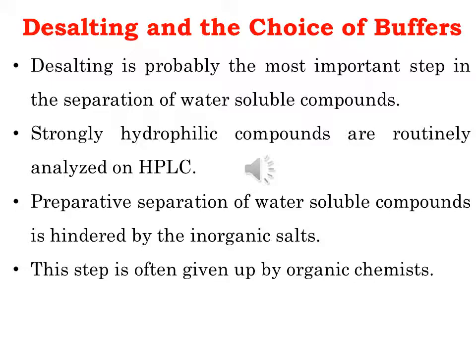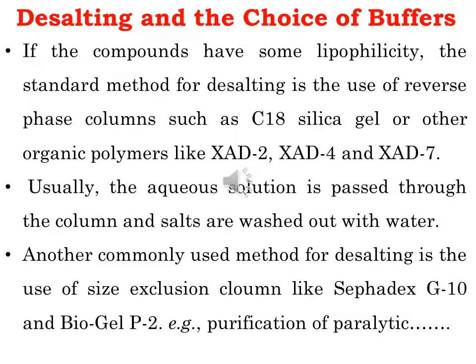This is the step in which organic chemists may simply give up their efforts, since most of them are used to removing inorganic salts by simple partition between water-immiscible organic solvents and aqueous solutions. If the compounds have some lipophilicity, the standard method for desalting is the use of reverse phase columns such as C18 silica gel or various other organic polymers such as HP20, 4 or 7.